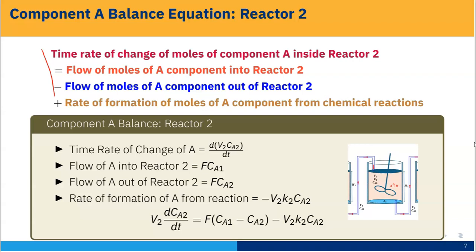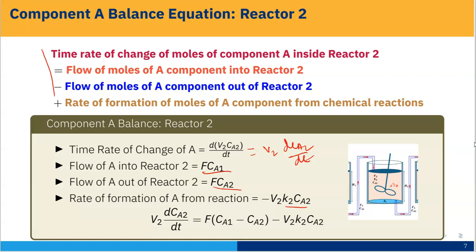So now again we have to write each term. So time rate of change of A, that is d/dt of V2 CA. Here V2 is constant, so V2 dCA2/dt. Flow of A into reactor 2 is F CA1, and flow of A out of reactor 2 is F CA2, and rate of formation of A from the reaction is minus V2 K2 CA.